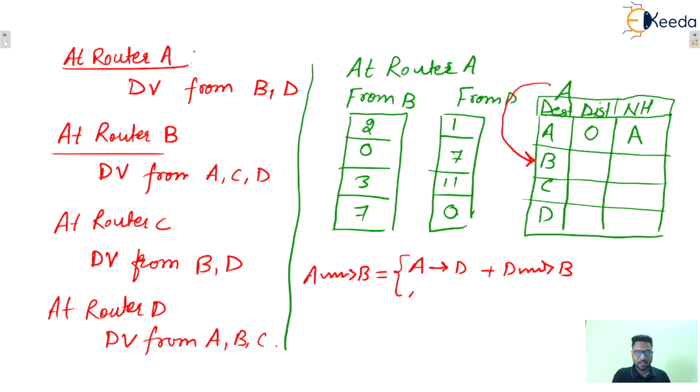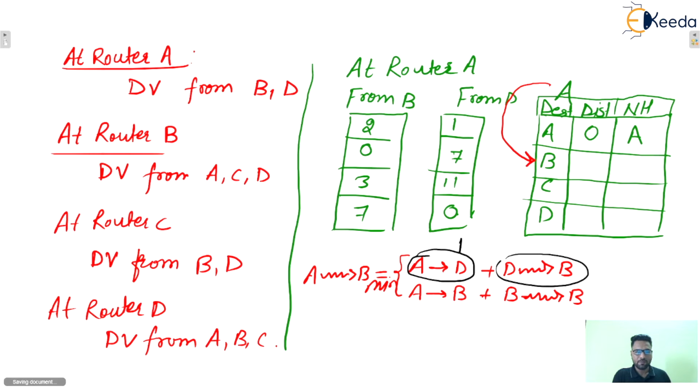The next one is A to B, then B to B, which means nothing; I'm writing it for namesake. Take the minimum of both of these. A to D: A has this information in its routing table because it is a direct edge, so the A to D distance is 1, and D to B we'll check from the distance vector of D, that is 7.